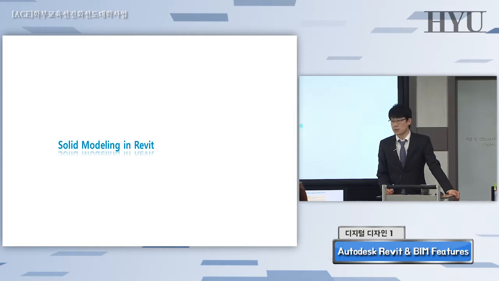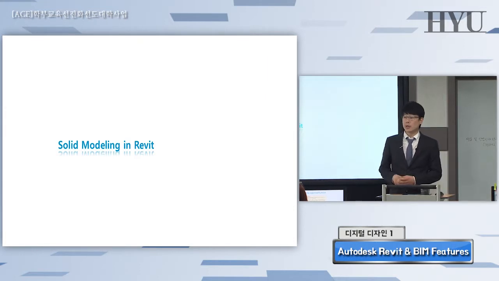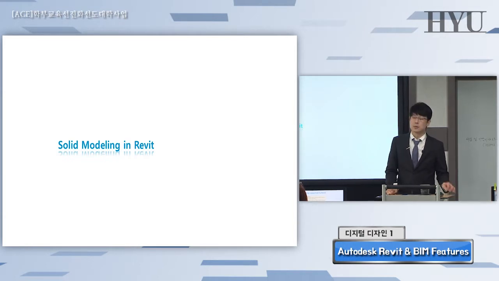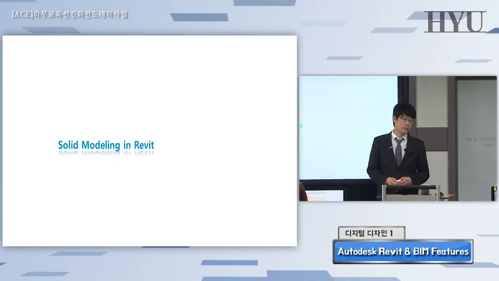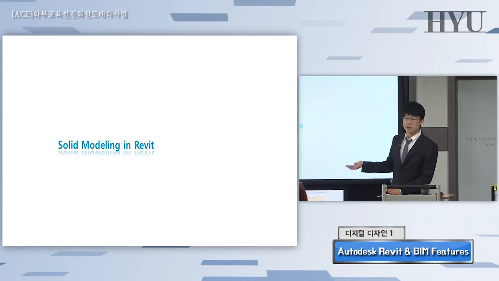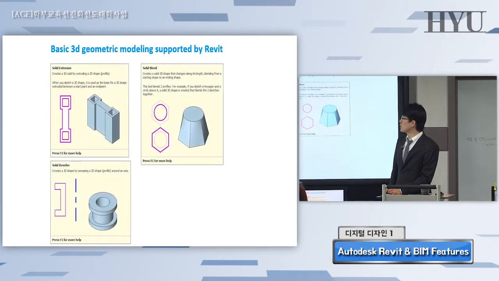There is no surface, no points. Of course, in sketch mode, we're going to deal with some points or some control vertices, but they are just virtual, not actual objects in our design. Anyway, everything is solid in Revit. You know what is solid, okay?